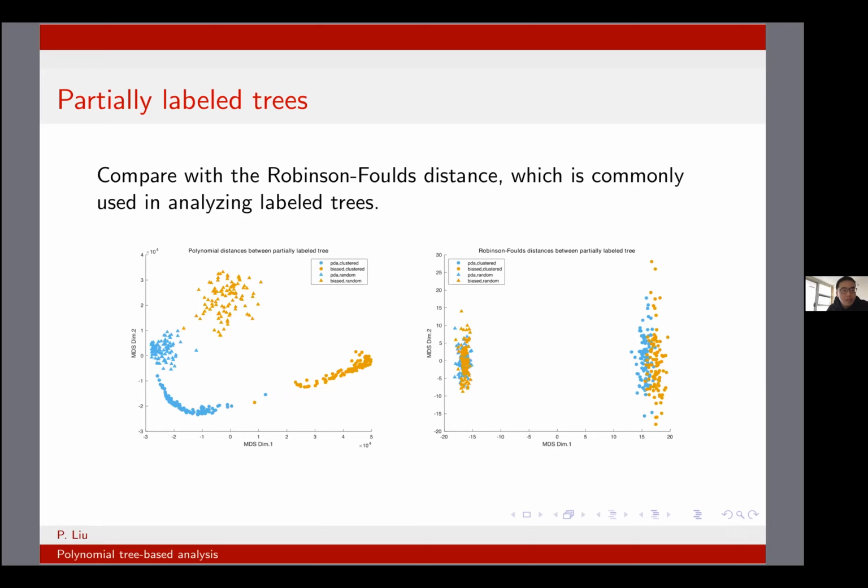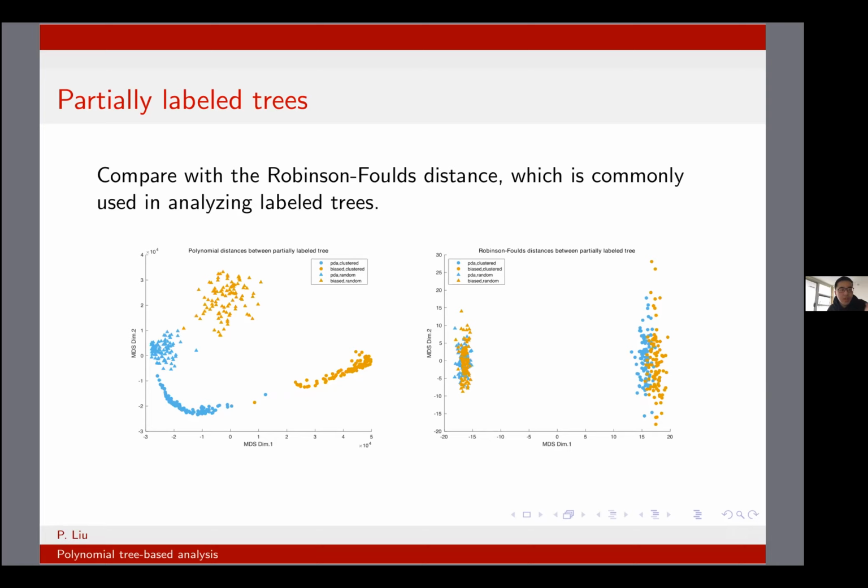So on the left-hand side is the polynomial distance between the partially labeled trees. As you can see, the color represents the tree generators that we use. So the blue ones are PDA, and yellow ones are biased.